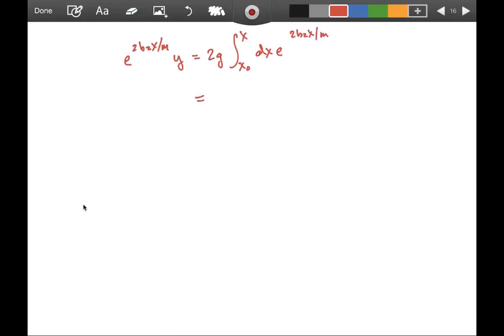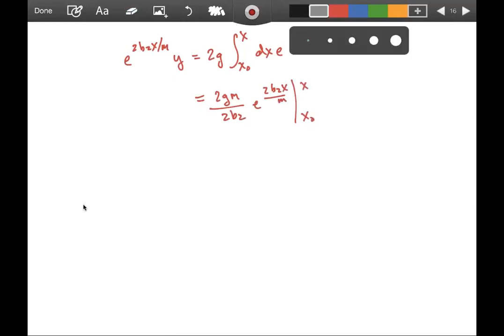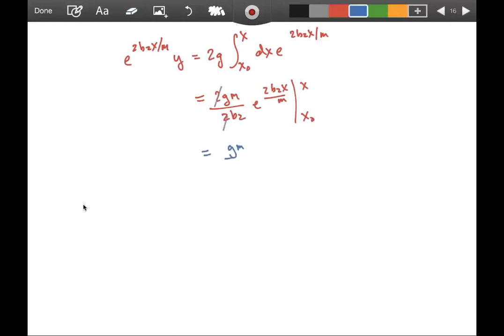So integrating this, I'm going to get a 2g times m divided by 2b2, and then an e to the 2b2x divided by m, evaluated from x initial to x final. So here my 2's are going to cancel. So I'm going to get a gm over b2, and then an e to the 2b2x over m minus e to the 2b2x initial divided by m. So that's this.